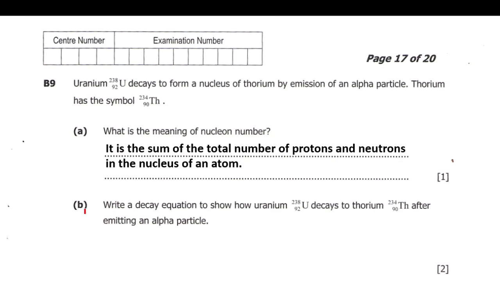Then B reads, write a decay equation to show how uranium 238, 92 decays to thorium 234, 90 after emitting an alpha particle. So what is an alpha particle? An alpha particle is just a helium nucleus, which consists of mass number 4 and proton number 2.